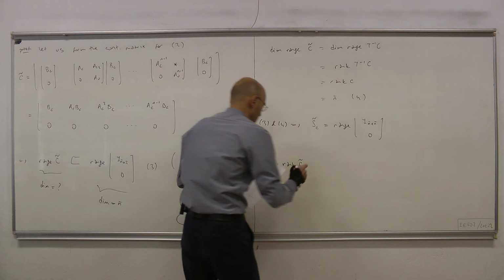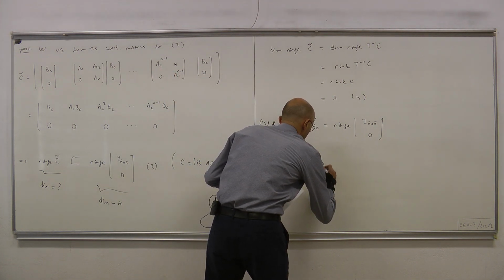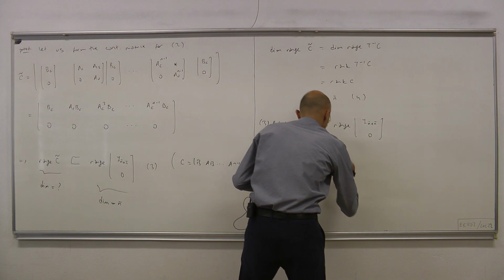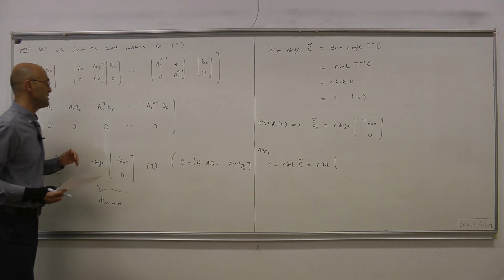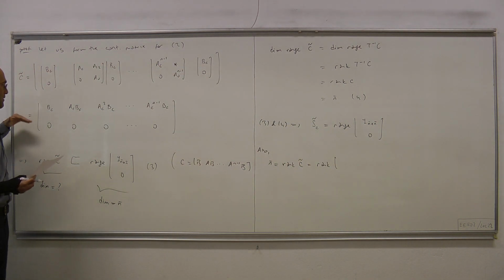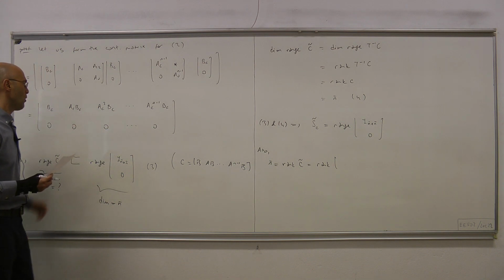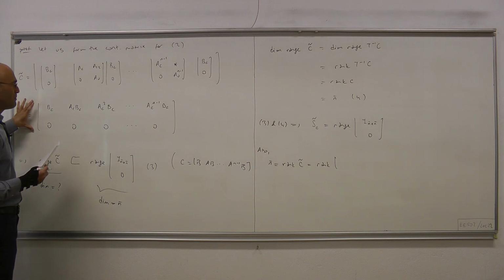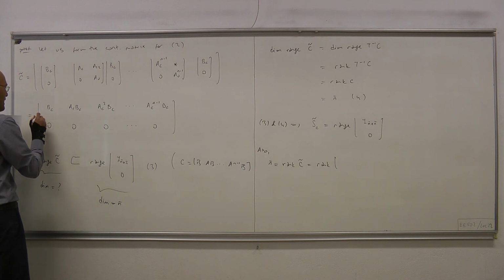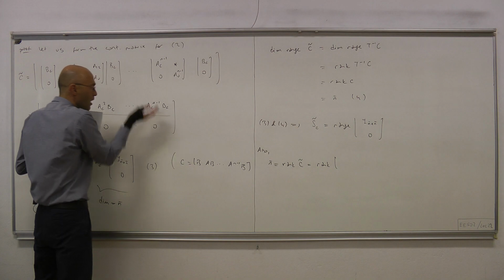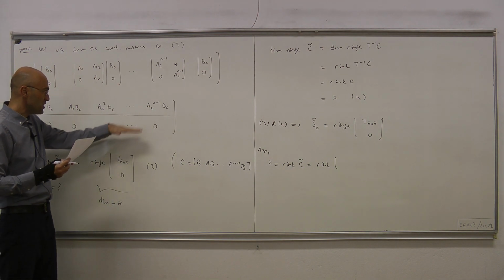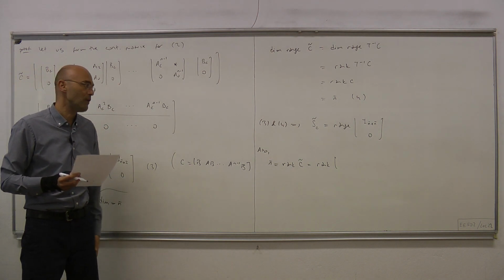And C tilde is here. Now, since the last n minus n bar rows are all 0, the rank of this matrix clearly equals the rank of its upper part, because these zeros will have no contribution to the rank.